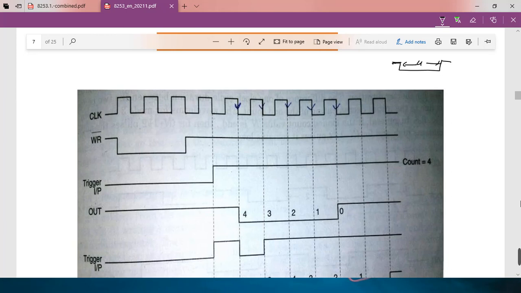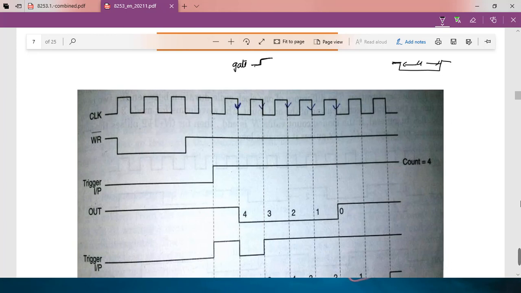When I write the count register and the gate pulse goes from low to high, it starts counting. One thing must be noted here: whenever we write a count value, the output goes to high, but counting begins only when we apply a positive edge trigger on the gate.